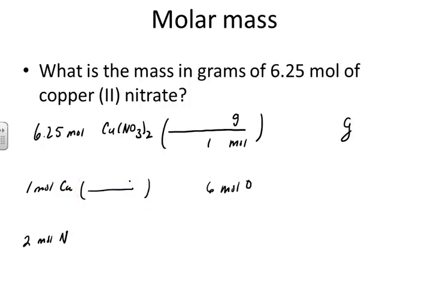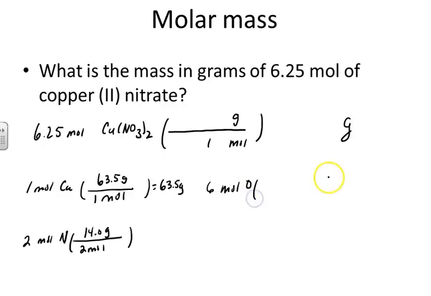1 mole of copper is 63.5. 2 moles of nitrogen. That's 14.0 grams. And we've got 6 moles of oxygen. It's 16 grams.